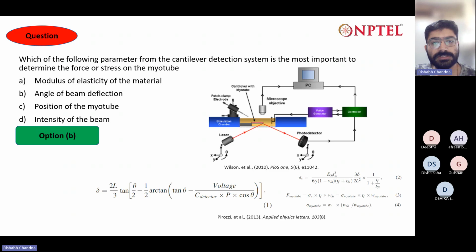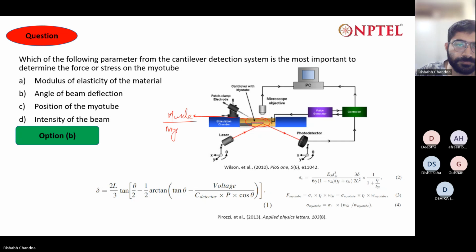And this is the process that I was talking about. As you can see, this is the stage where the muscle, or the myotube that we are talking about, is kept, and here it will be stimulated using any of the means, electrical or mechanical.